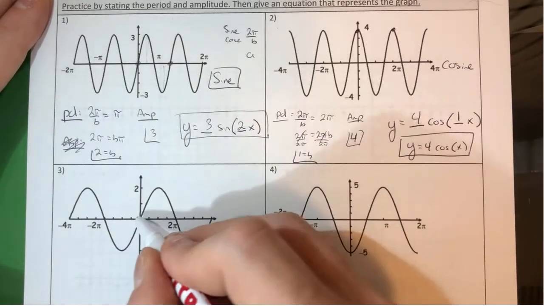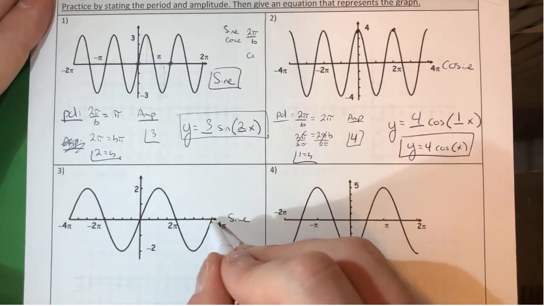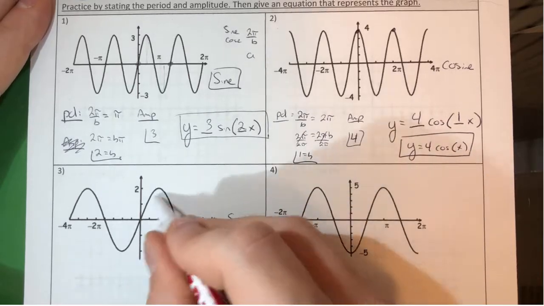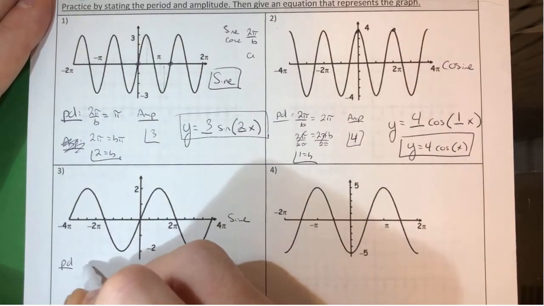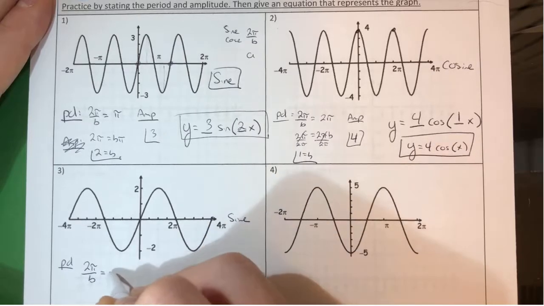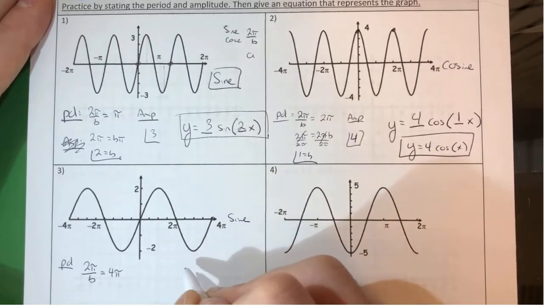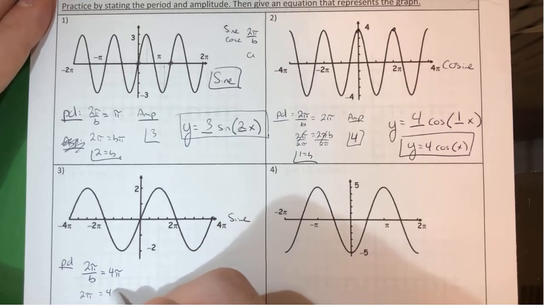With this one, it starts in the middle. I know it's a sine graph, and I know it repeats every 4 pi, because by the time it gets back to its starting point, it's over there. So for my period, 2 pi divided by b ends up giving me an answer of 4 pi. Cross multiply, so 2 pi equals 4 pi b.